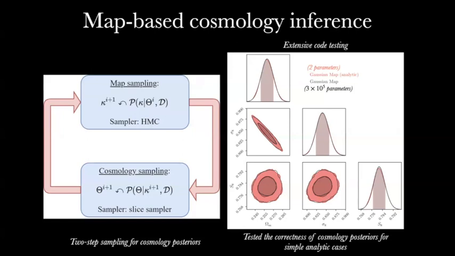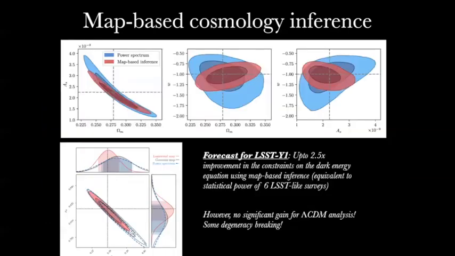The red contours shown here are the analytical case where we have marginalized out the maps, and we're just sampling two cosmological parameters. And the posterior from the field-based inference is shown in black, where we're inferring 300,000 parameters. And we show that both these contours look very similar, showing that the field-based inference gives the correct cosmological posterior.